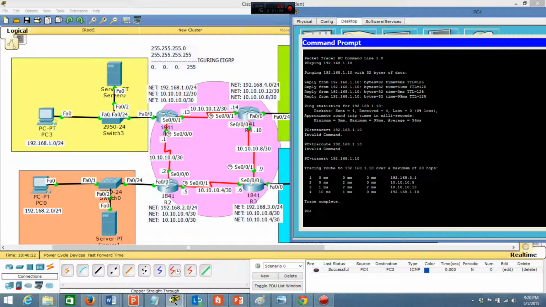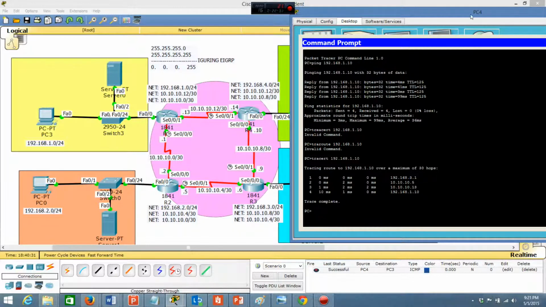So next we use this router to go to this LAN. So 10.10.10.5 is right here. Next we move up to .13. Okay, next we hit 192.168.1.10. So this is our route right here. We pass here and then up here.